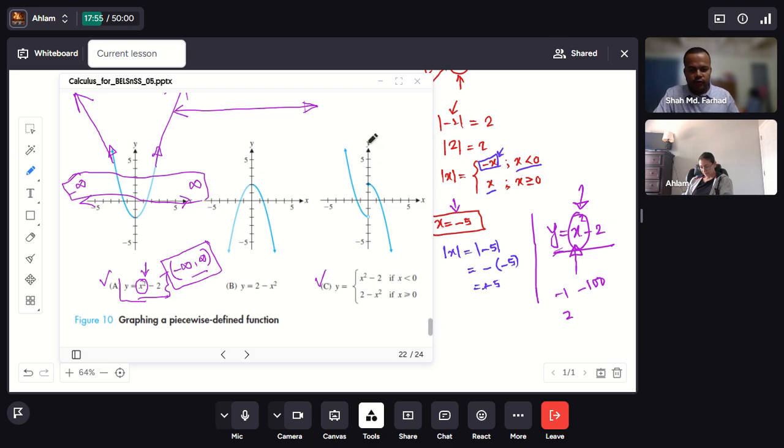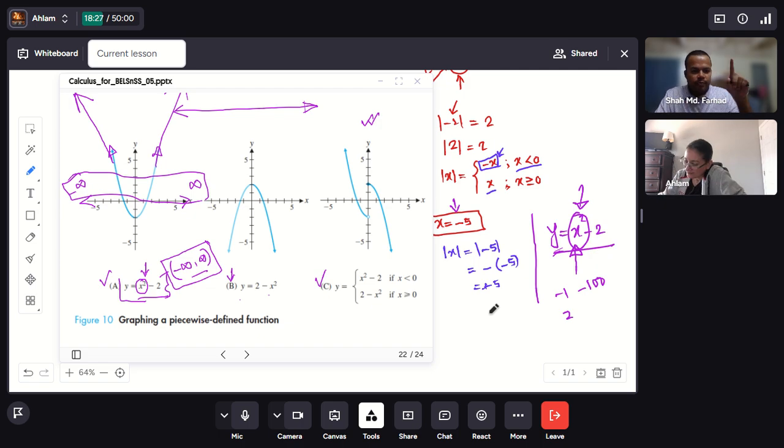But if we look at the third one we are given here, now the second one, that is b: y equals 2 minus x square. In our last session, I discussed the quadratic. The shape of the quadratic is a U shape, right? That is the parabolic shape.